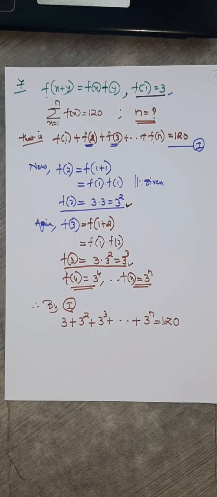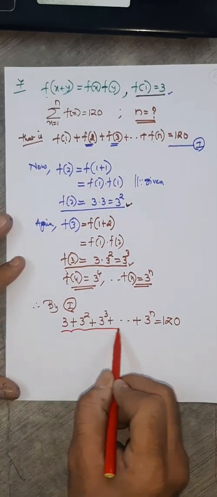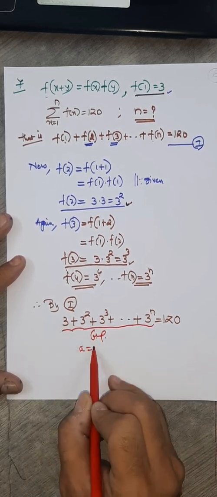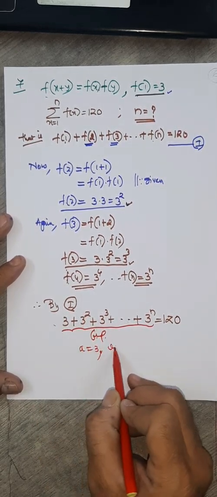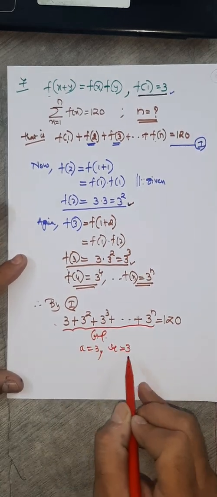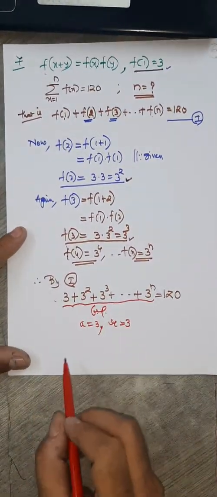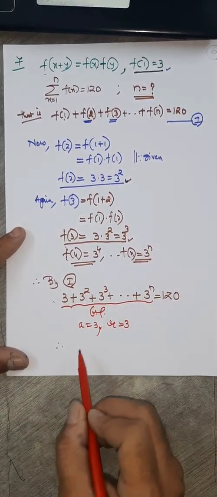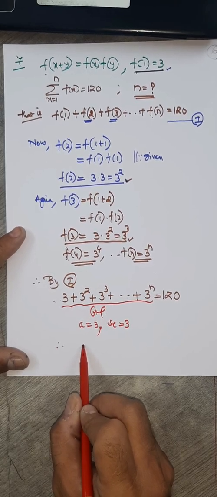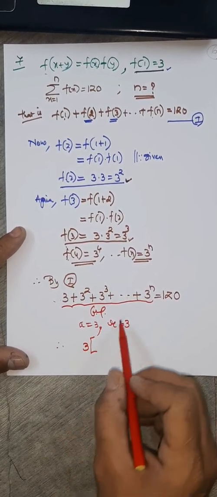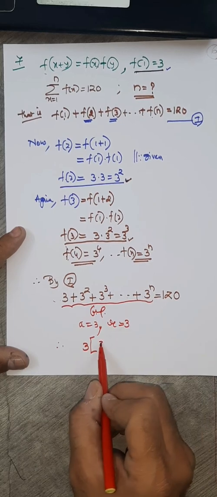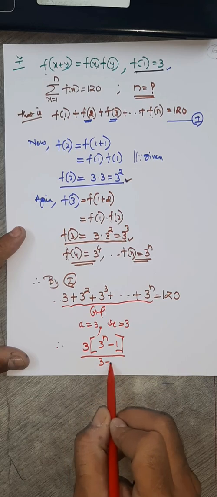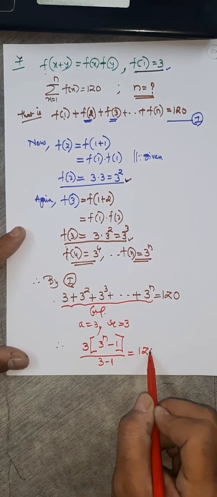Now what is this left hand side? We know that it's a geometric progression. This is GP, remember, where the first term is 3, and the common ratio is also 3, this upon this which is 3, these upon this which is 3. Therefore you can write the sum of how many terms? 1, 2, 3 up to n terms, which is given by a into r raised to n minus 1 upon r minus 1, with a being 3. So 3 into (3 raised to n minus 1) upon 3 minus 1 equals how much? 120.